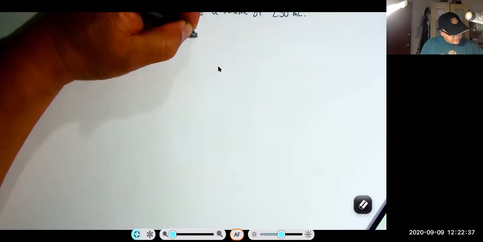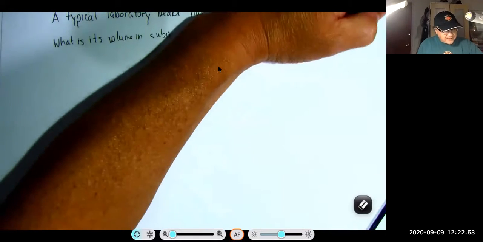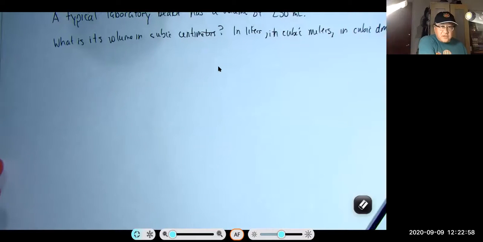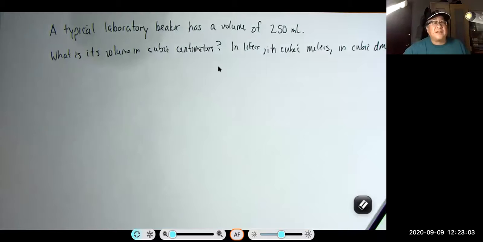What is its volume in cubic centimeters, and in liters, in cubic meters, and then in cubic decimeters? Well, there, now you can see it. My handwriting looks crappy, but that's all right.